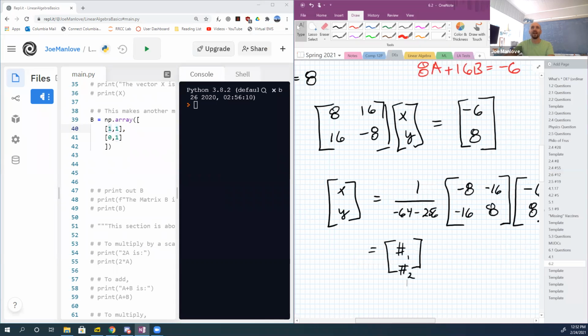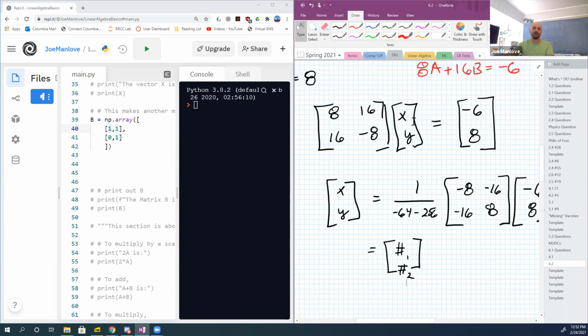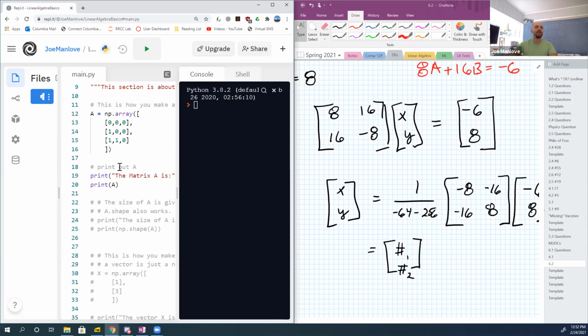Okay. All right, so I'm trying to solve this equation, right? So I'm going to actually be just a little bit lazy here. I'm just going to put this matrix in. So that's the matrix 8, 16, 16, and negative 8. Okay, let me comment that guy out because I don't need it.